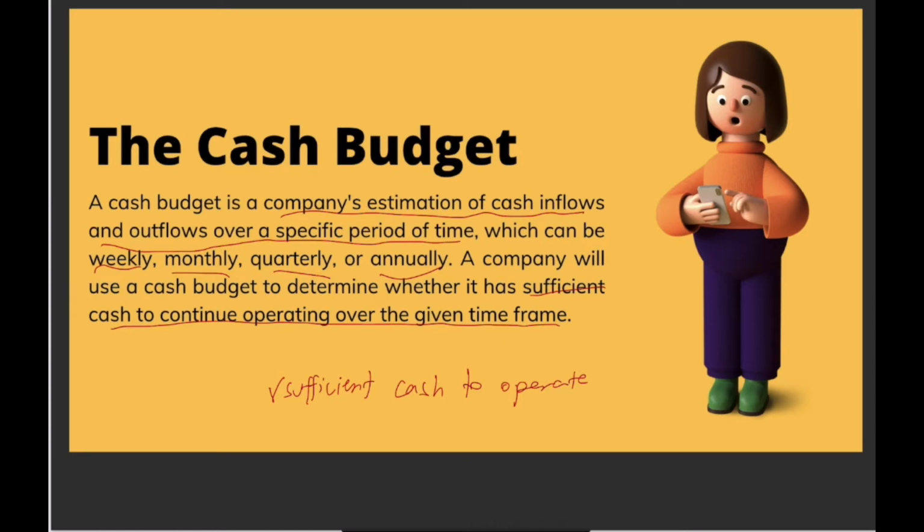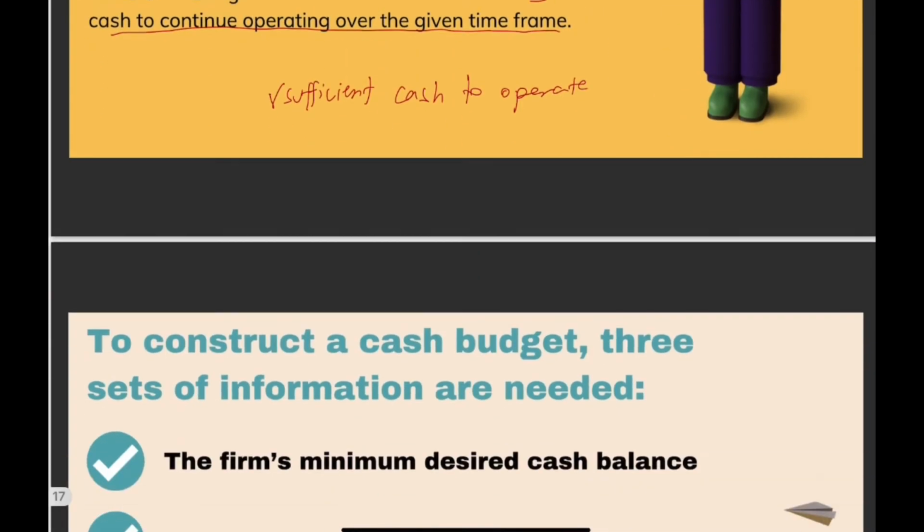Cash budget can be viewed as short-term or long-term. Short-term cash budgets usually have a time frame of weeks to months, while long-term cash budgets are viewed as years. But the goal is to check if they have enough cash.